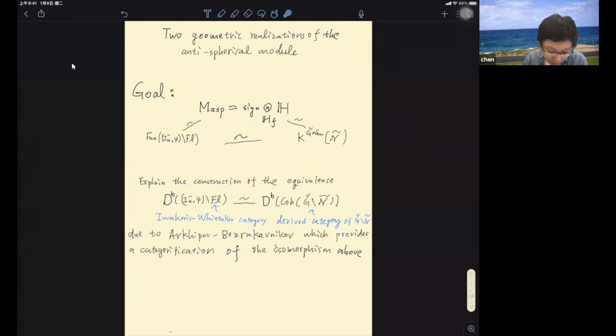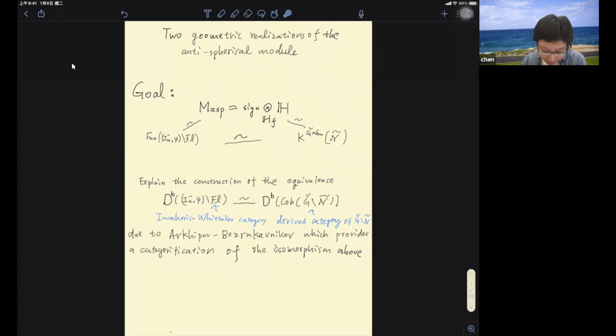One is in terms of Iwahori-Whittaker functions on the affine flag variety, and another is in terms of equivariant K-theory on the dual Springer resolution. So this is due to Kazhdan-Lusztig, and this isomorphism plays an important role later when we talk about two realizations of the affine Hecke algebra.